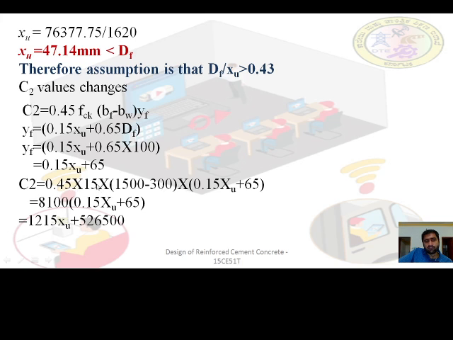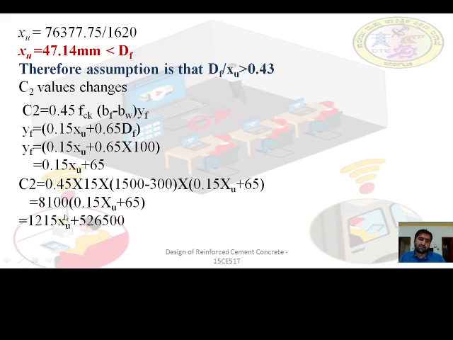So 0.45 into 15 into 1200 works out to be 8100. Then multiply by this bracket term. 8100 into 0.15 works out to be 1215 XU, because XU is unknown, plus once again 8100 into 65 will work out to be 526500.